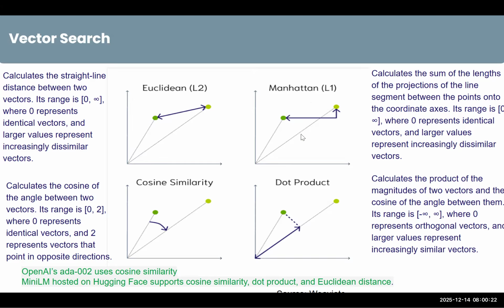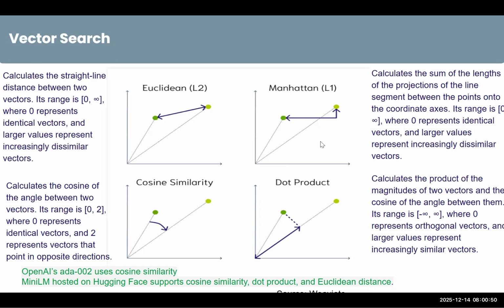Then you have Manhattan L1, which is the sum of the lengths of projections of the line segment between the points onto the coordinate axes. So it draws lines along the axes and then calculates the distances, the projection of that line. And again, the range is 0 to infinity, with larger values meaning more dissimilar.